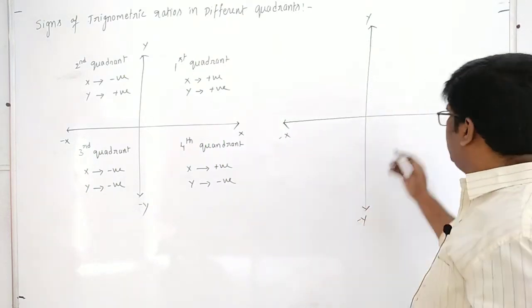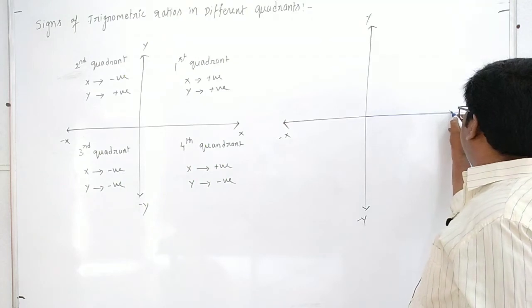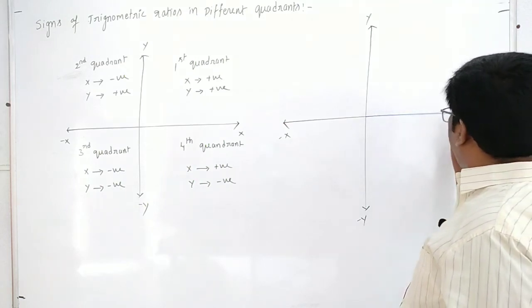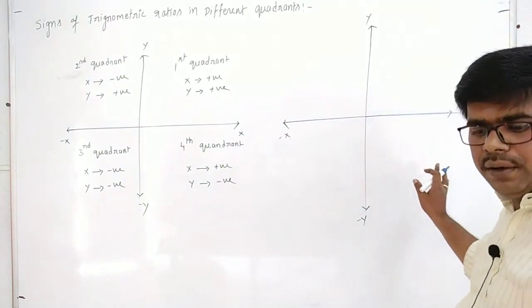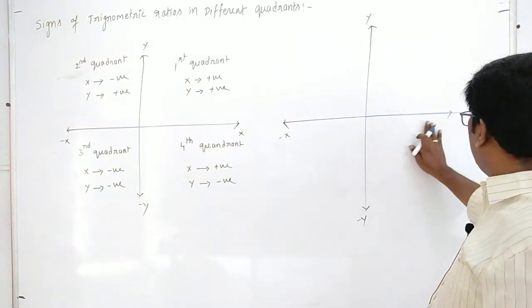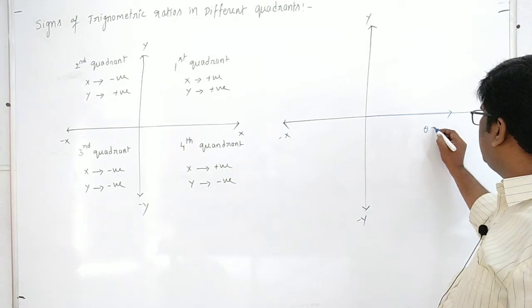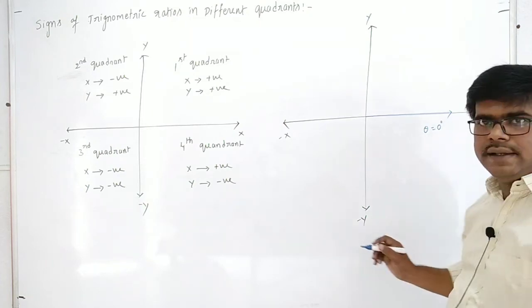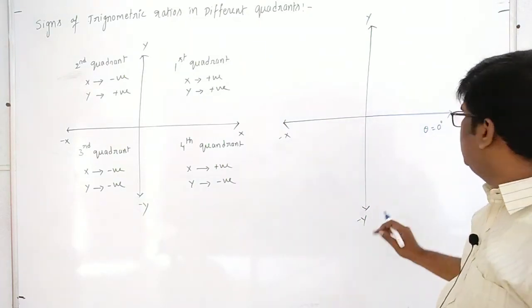We always measure the angle with respect to the positive x-axis. If the ray lies along the positive x-axis, theta equals what? 0 we can say. It is along the x-axis.